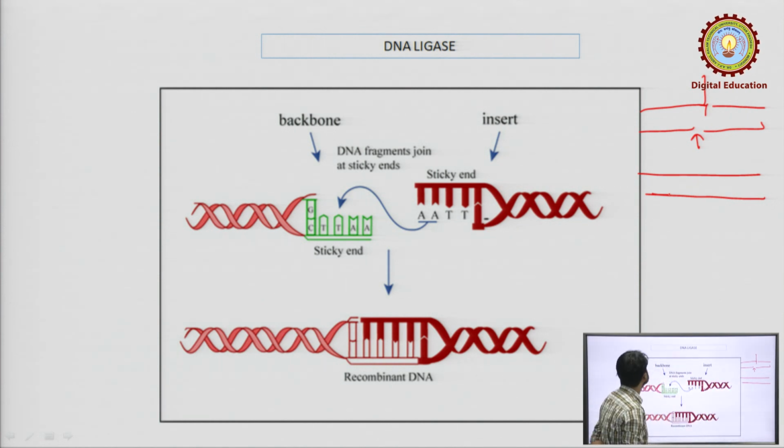It does this using the sticky ends produced by the restriction cutting sites, because the base pairs are complementary: A is complementary to T, and T is complementary to A. So the two fragments will bind together and produce one fragment. It can be a recombinant fragment or any type of DNA fragment.